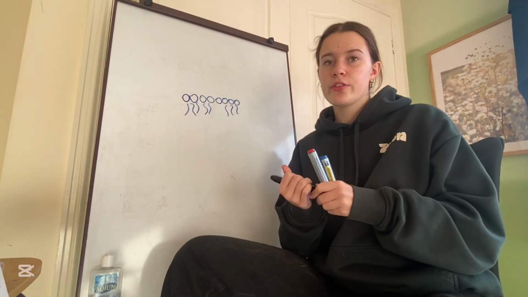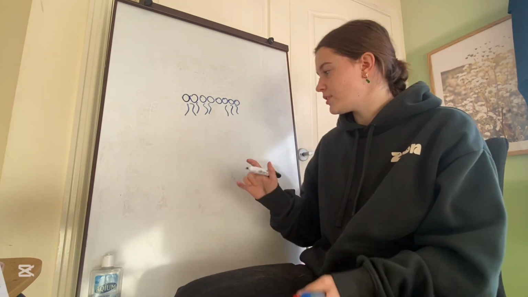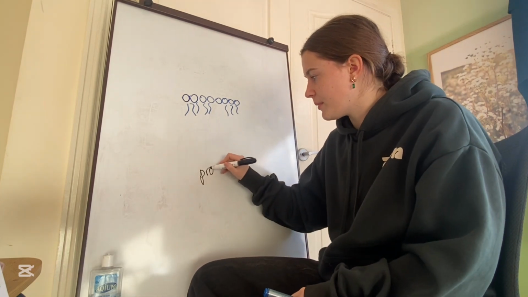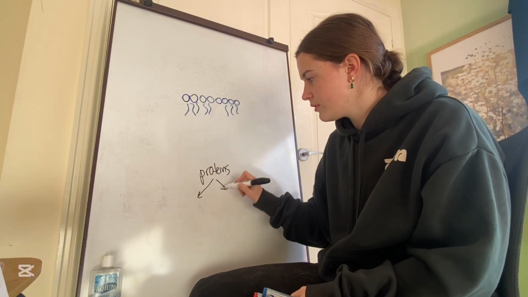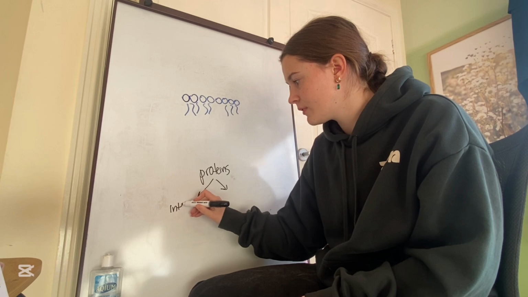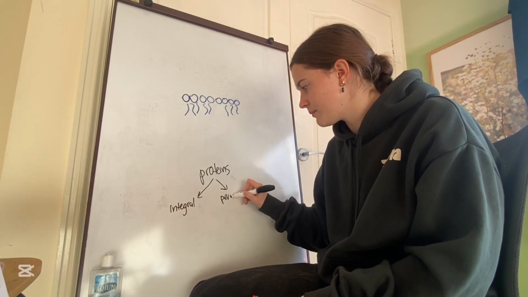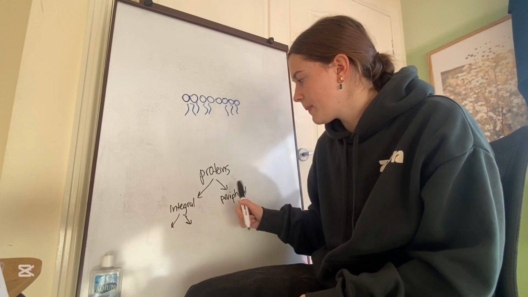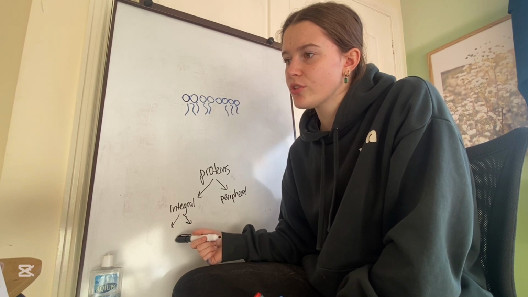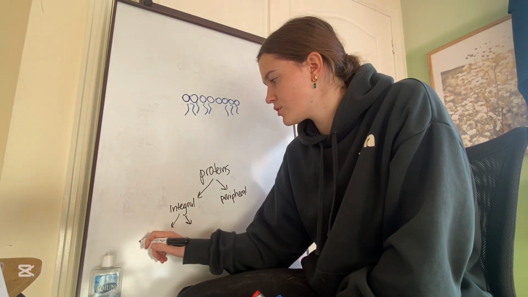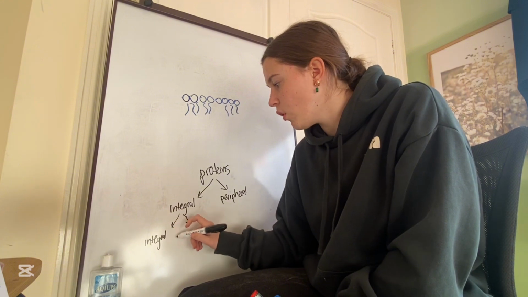There are two and a half kinds of proteins in the phospholipid bilayer. So I'll just do this. We've got integral and peripheral. Integral, or integral, actually, I don't know if I'm saying that right. Then once you have integral, you've also got transmembrane.